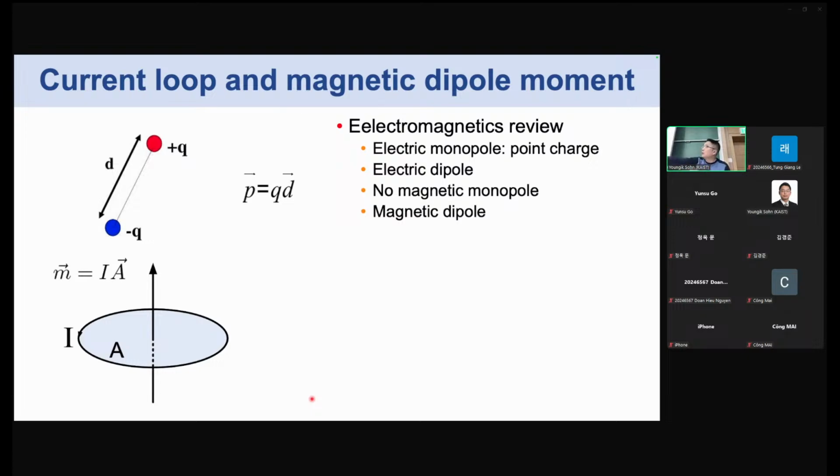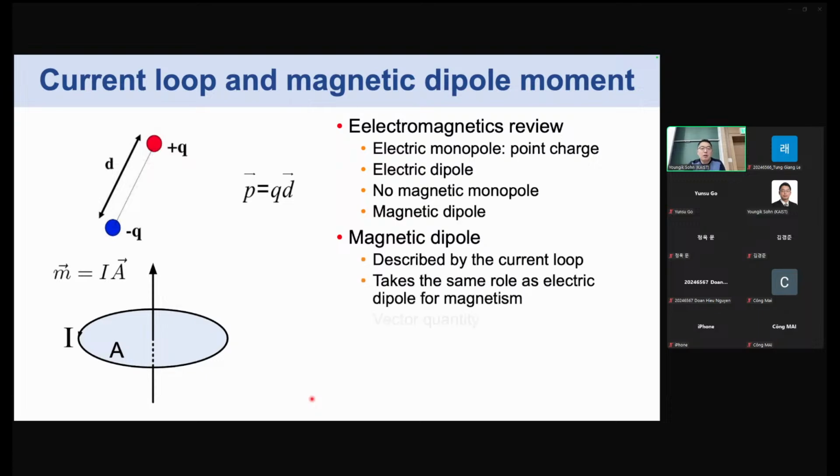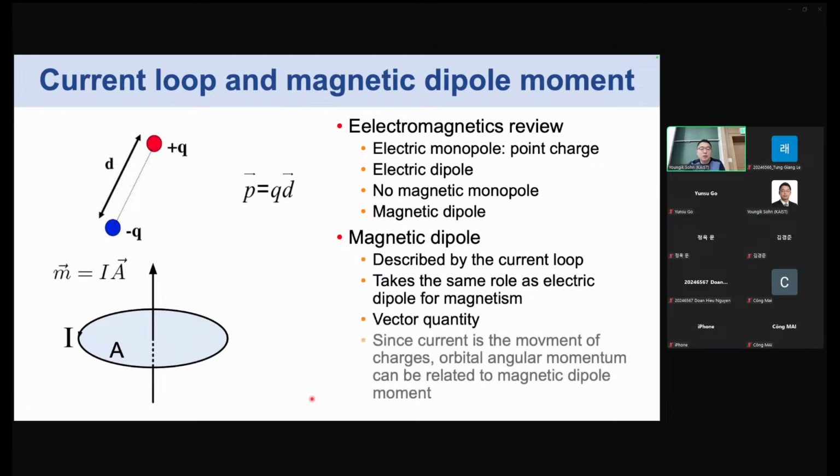So instead, your magnetic dipole you should always think of as a current loop. And this current loop is a magnetic dipole, and as the name suggests, the field pattern they produce is exactly the same.